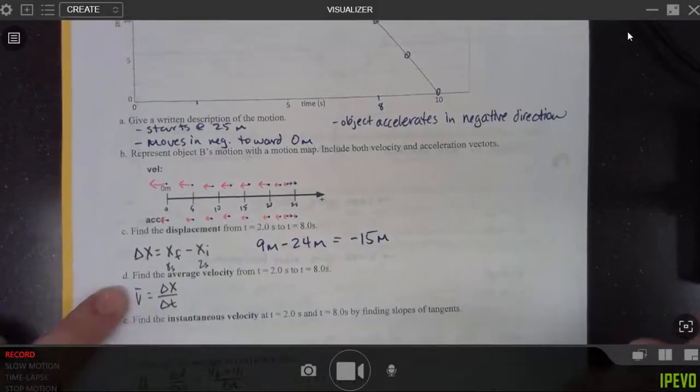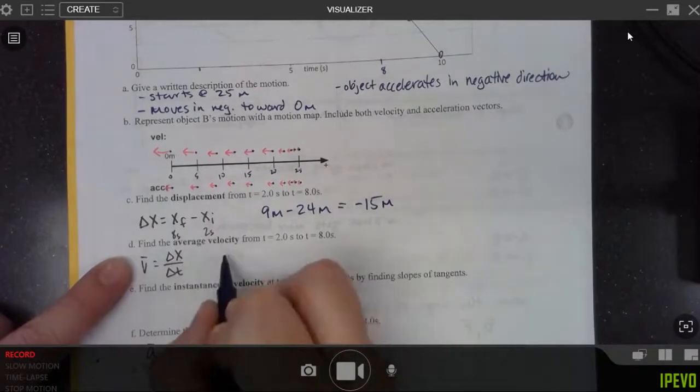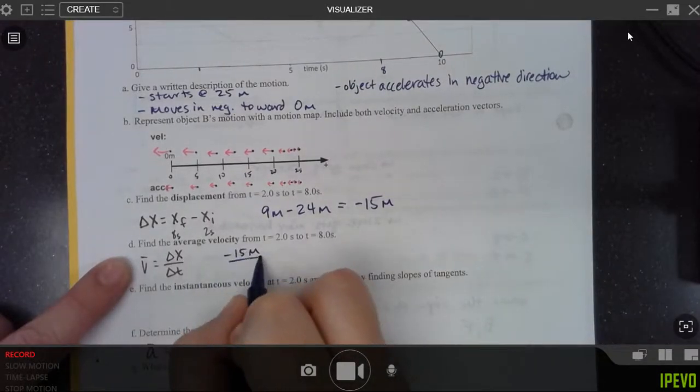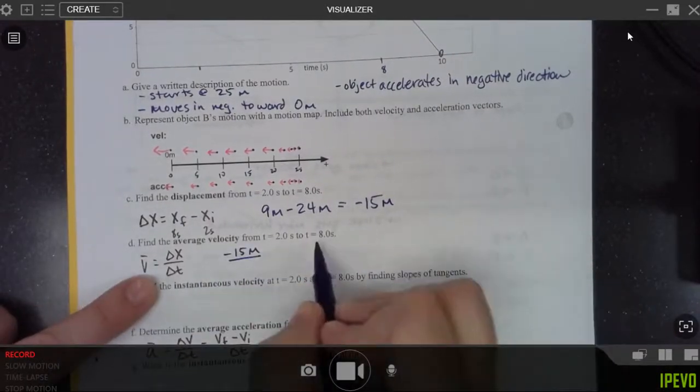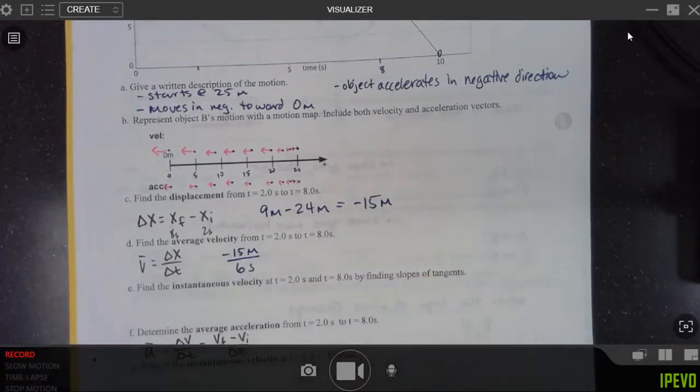Next, to find the average velocity, we're going to take our displacement that we just calculated, so our minus 15 meters, and divide that by our change in time. 8 seconds minus 2 seconds is 6 seconds. So I'm going to grab my calculator because it's not exactly even. I think it's 2.5.